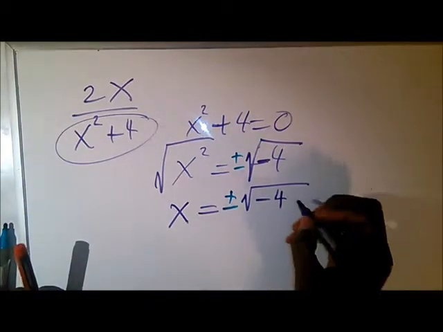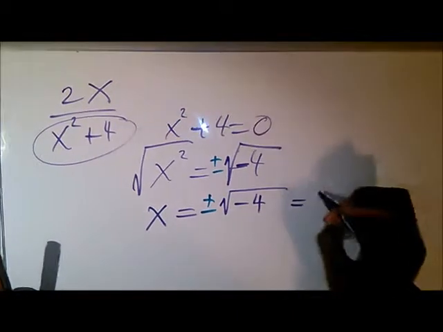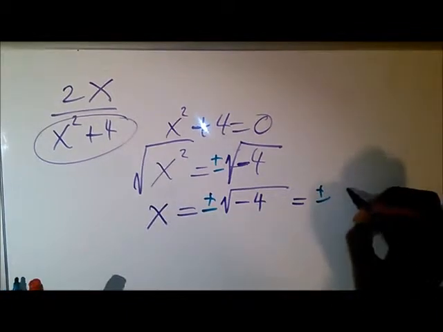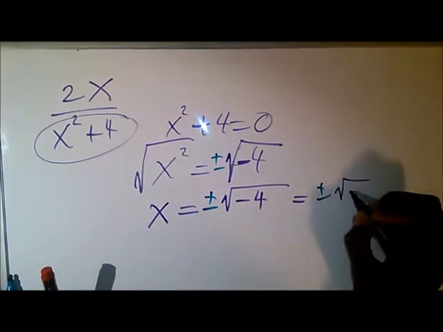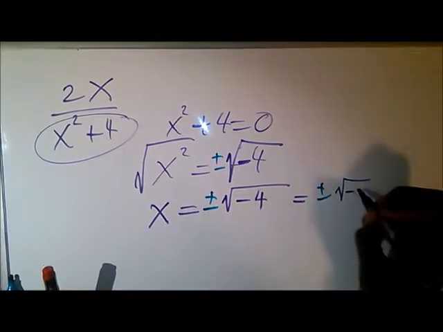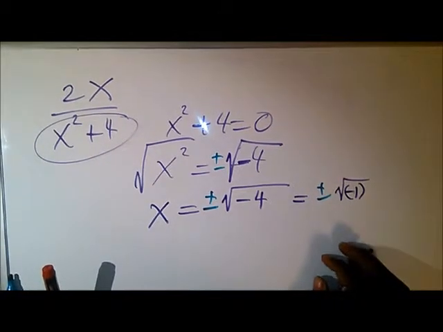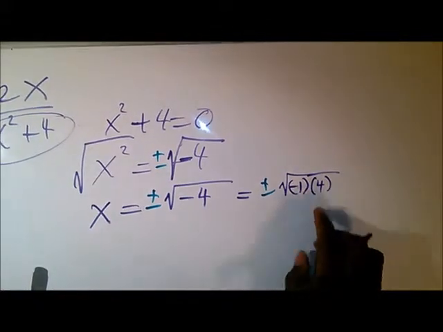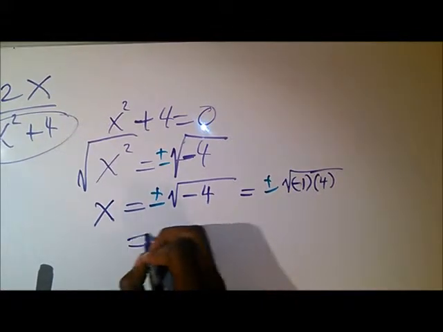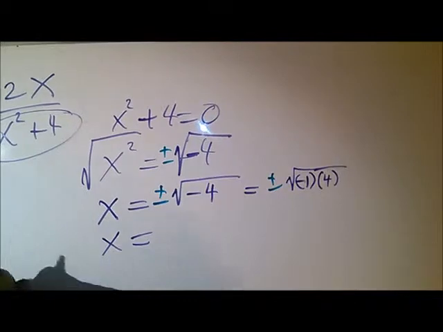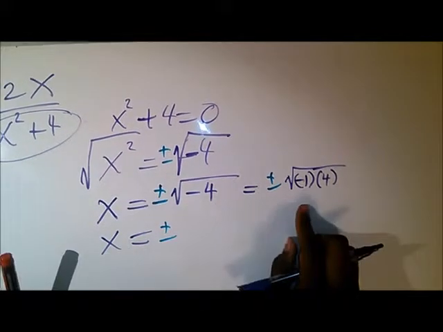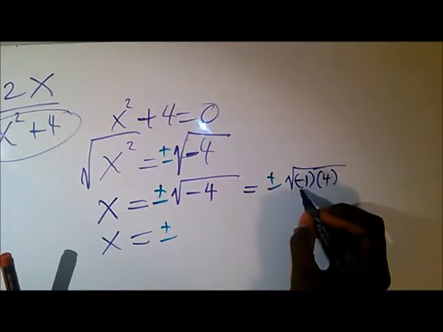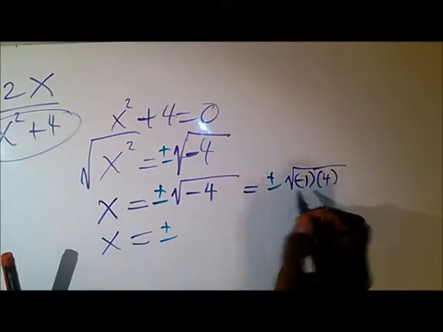The square root of negative 4 can be broken up in this way. Remember, you still have plus or minus. This negative is actually negative 1 times 4. Now the square root of 4 is 2, and the square root of negative 1 is i.